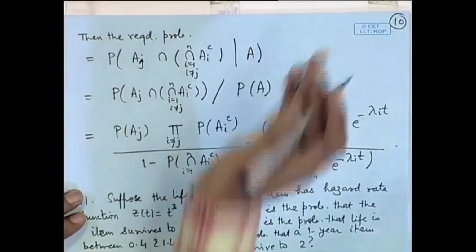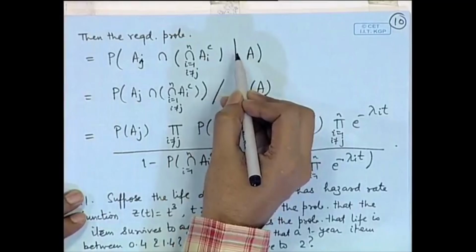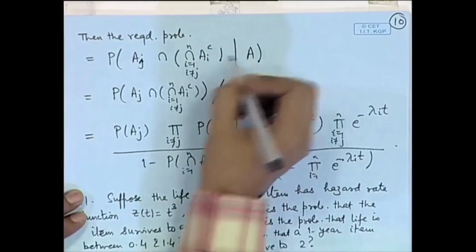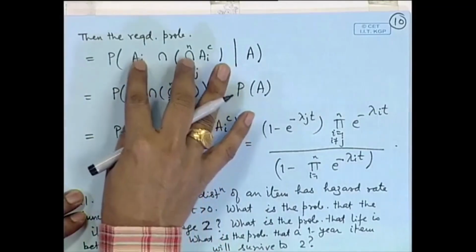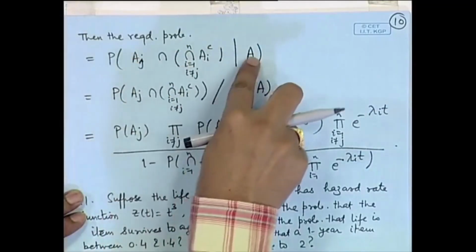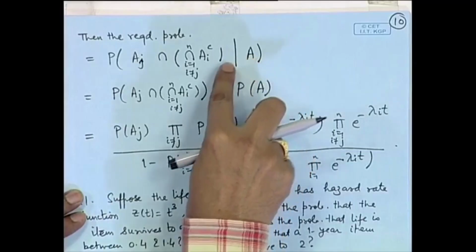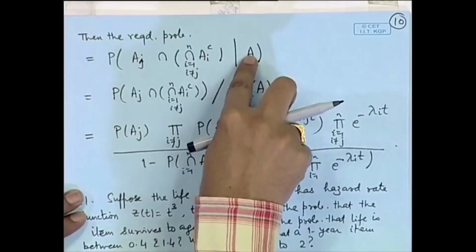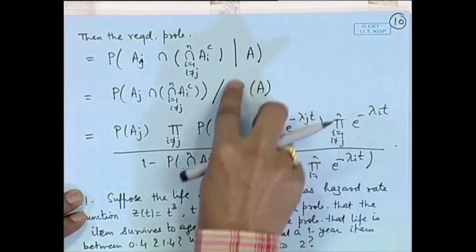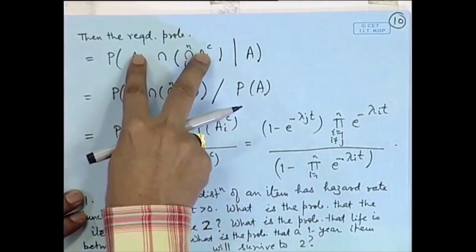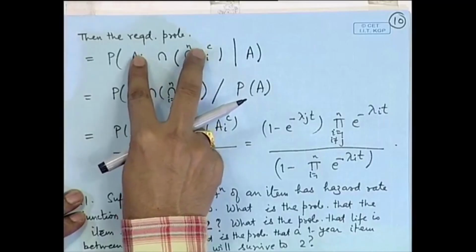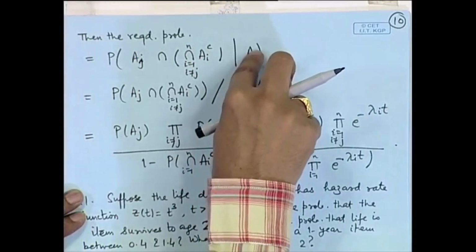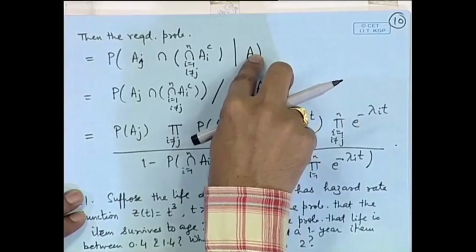So, we apply the formula for the conditional probability. The probability of some event E given an event F is equal to the probability of E intersection F divided by the probability of F. Now, if you look at this event, one of the components fails, in intersection with the event that the system fails.